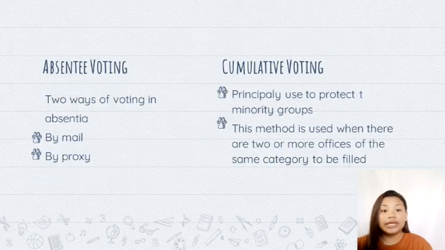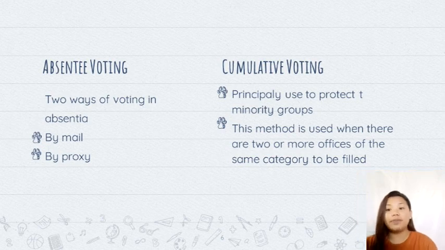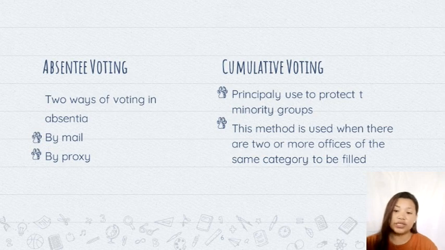By ballot, the principal purpose of this method is secrecy. It is commonly used in the elections of candidates for office and in deciding certain questions in which some members may not wish to reveal their sentiments.